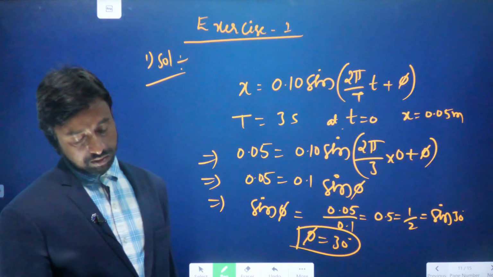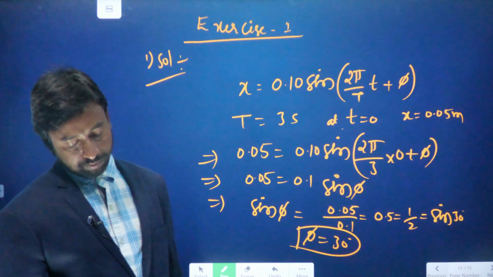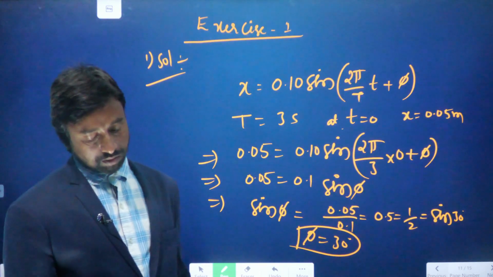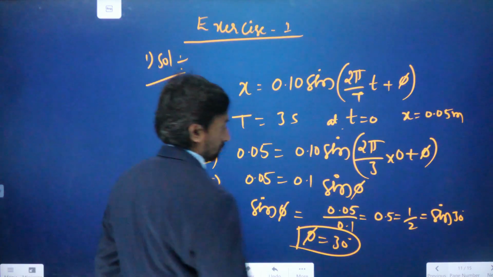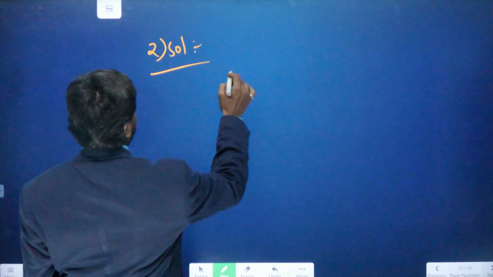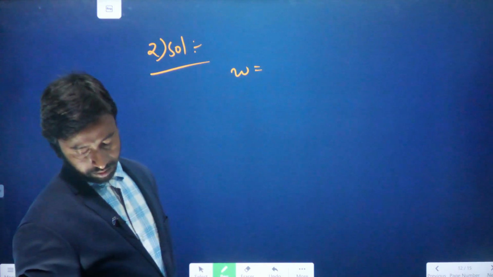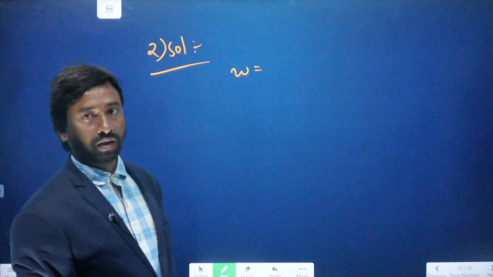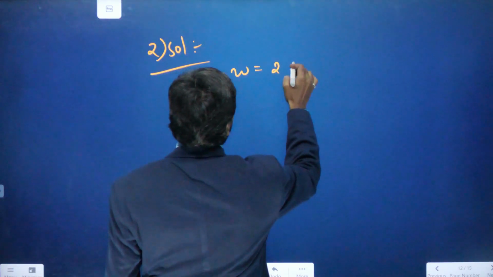We should find out the velocity of the body at 20 millimeter displacement when the amplitude is 60 millimeters. So given values we write here: omega, the angular frequency or angular velocity, is 2 radian per second.